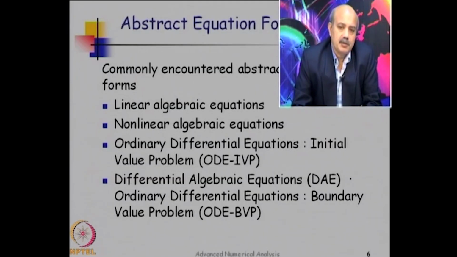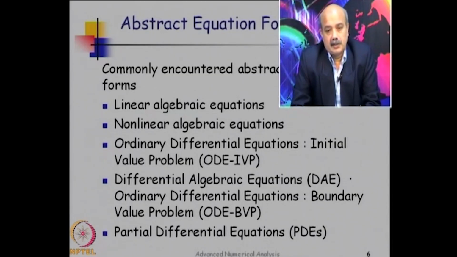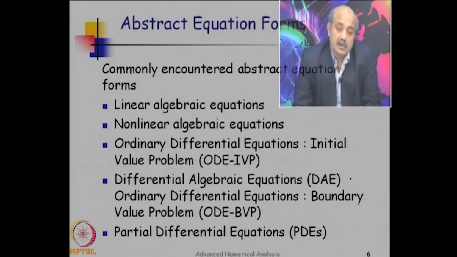So these kinds of problems typically arise while solving, say, plug flow reactor models or distributed parameter systems. And the other models that we often encounter while modeling chemical engineering unit operations are partial differential equations. These models may not come in isolation.